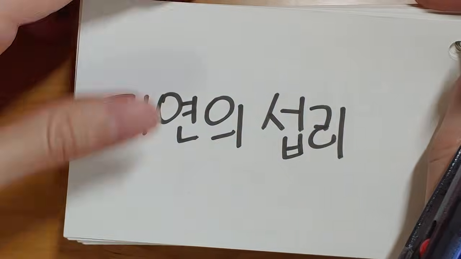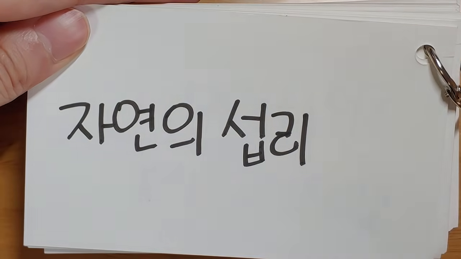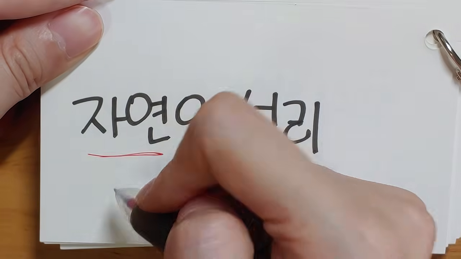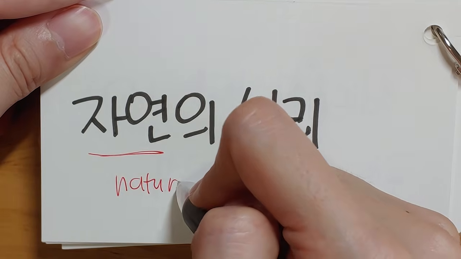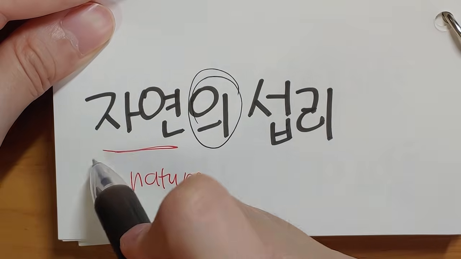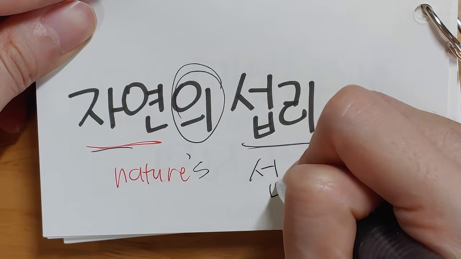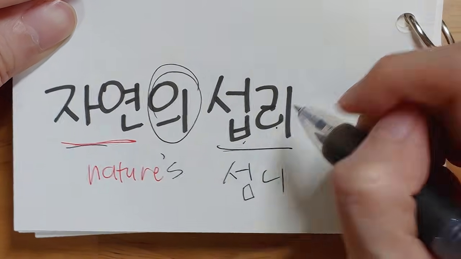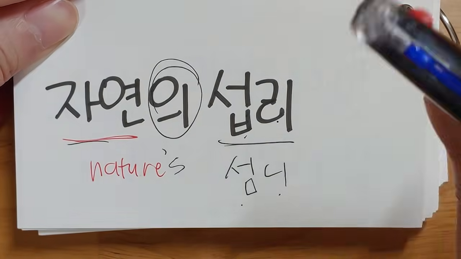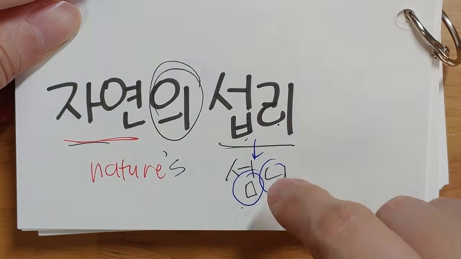그다음에, this one is commonly used in the Korean language. 자연 means nature, and 의 is a possessive particle, so it means nature's 섭리. This 읍르 softens to 음느. That's why it's pronounced like 섭리.